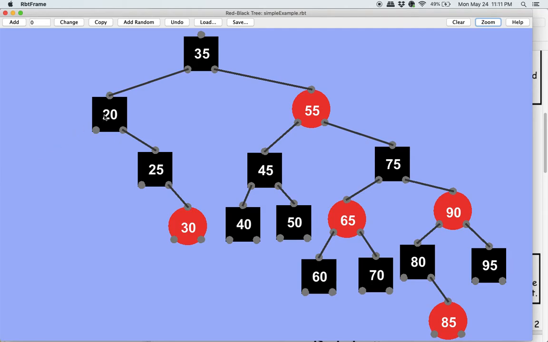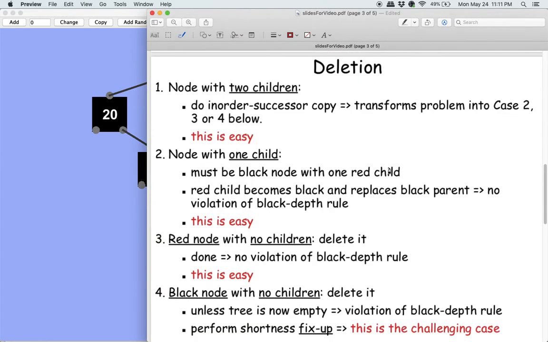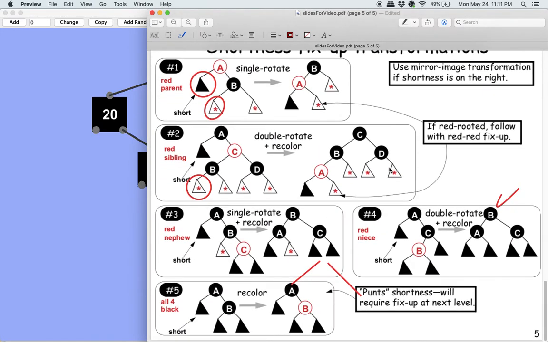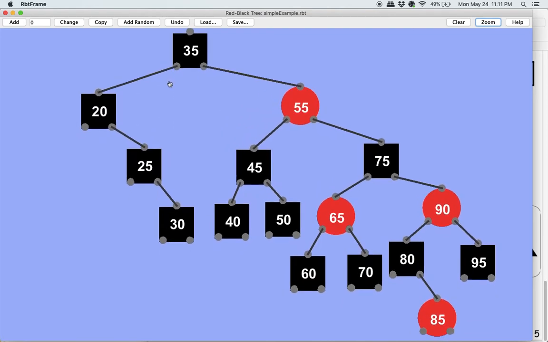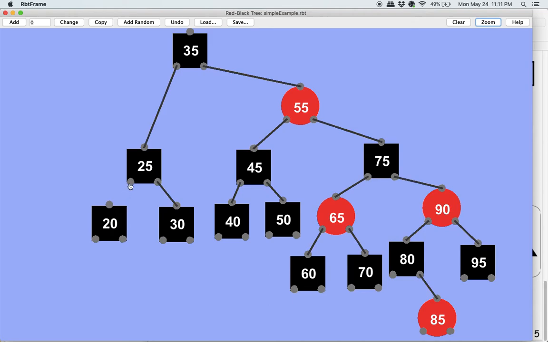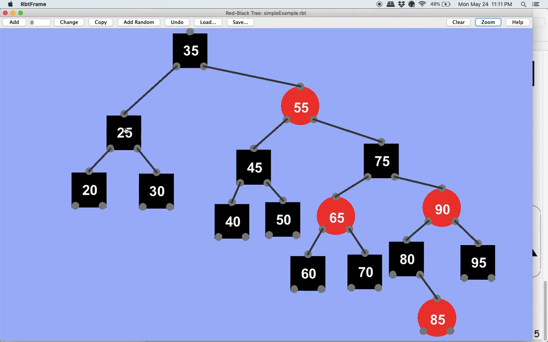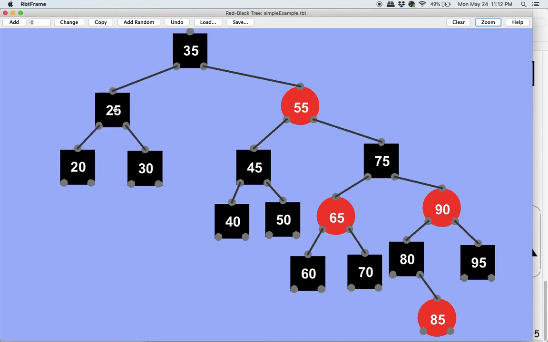15, we delete it. We now look, parent is black, sibling is black, but nephew is red. Red nephew, that corresponds to transformation number 3. We color the nephew black and do a single rotation, which basically means that this guy comes down here, and that takes care of that.